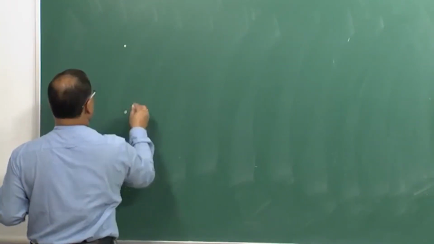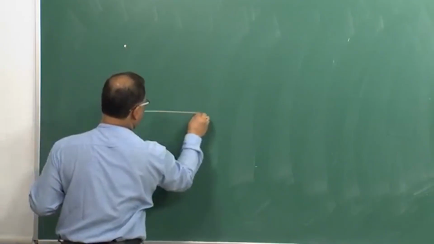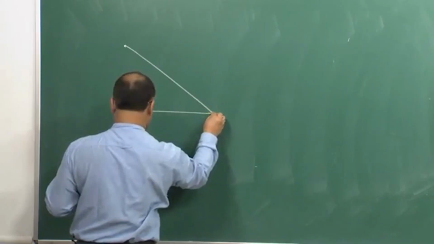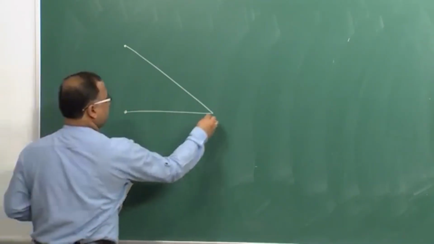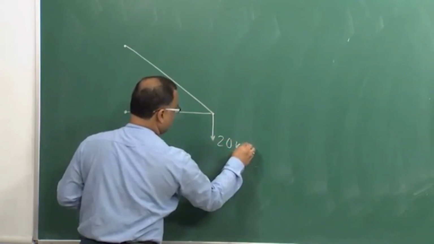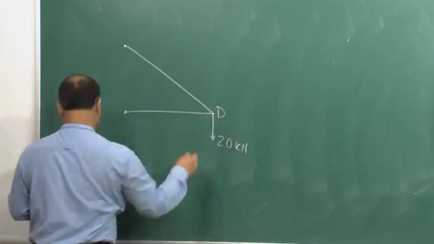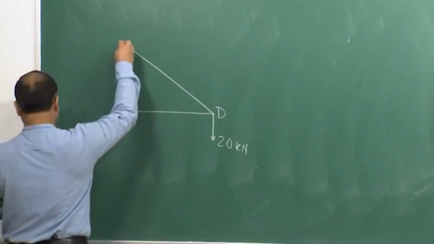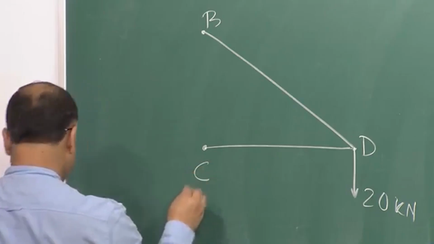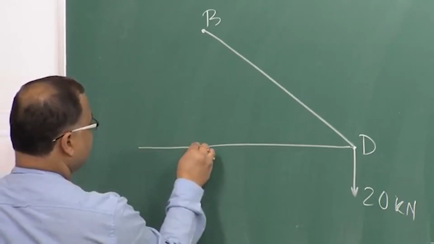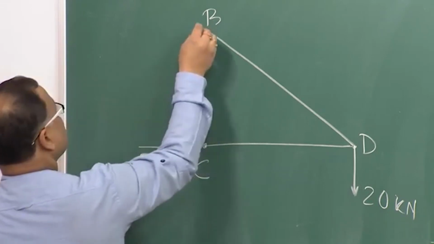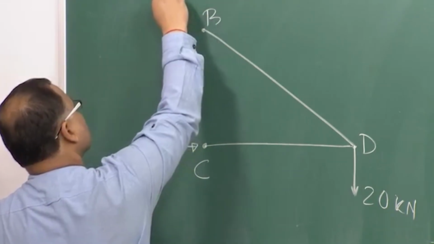This is the free body diagram, B, D and C. So, this is the reactive force Fc and this is the reactive force.